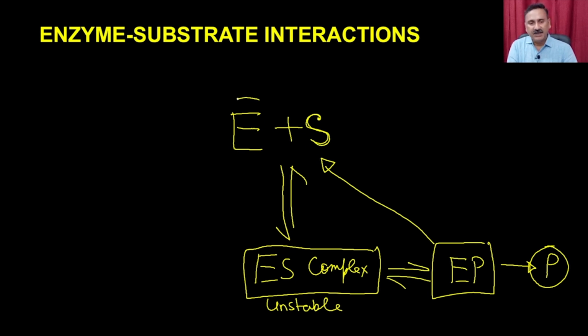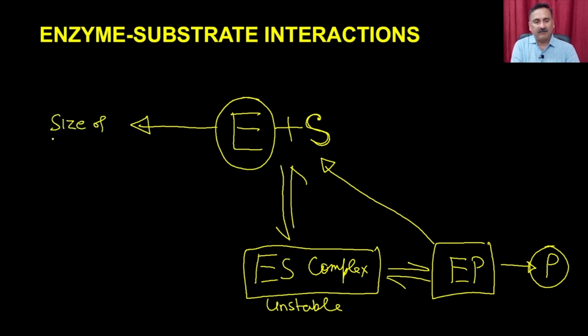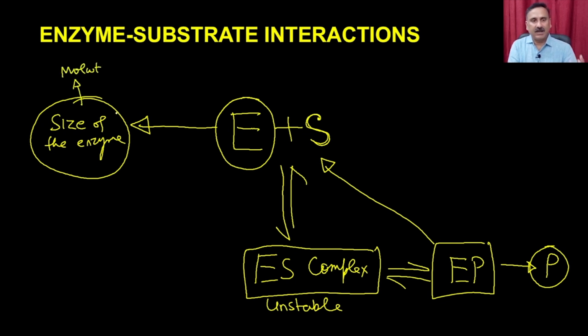So the first change you see is that it is converting the enzyme into an enzyme substrate complex. This means it is going to increase the size of the enzyme. Size in terms of the molecular weight, which means it is going to increase the molecular weight, and it is more relevant when the enzyme is interacting with a proteinaceous substrate.